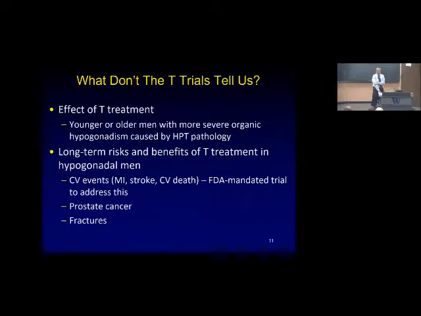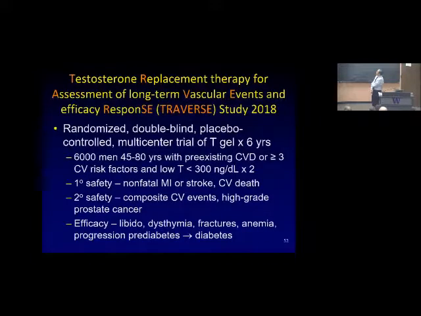And the cardiovascular risk has been of particular interest to the FDA, who mandated that the companies that make testosterone formulations do a safety study of testosterone treatment in older individuals for cardiovascular risk. And so that's what has happened this year.